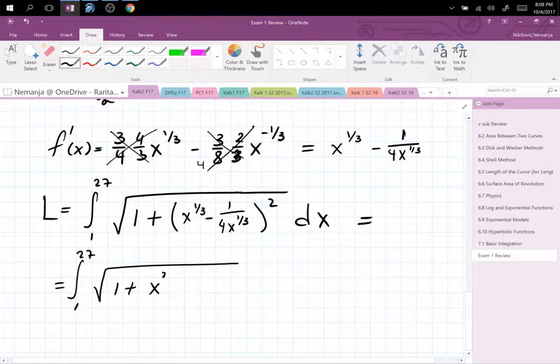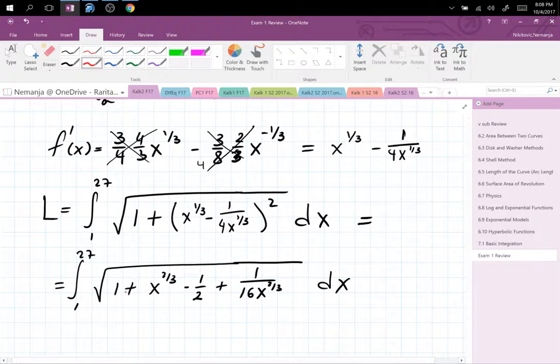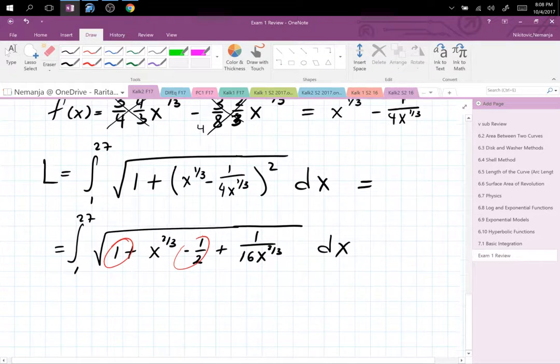So x to the 2/3, when you multiply these two cancel, 2 times, yeah, there it is. Worked out nice. Plus 1 over 16 x to the 2/3, everything dx. I don't need this parenthesis. So now these two create a positive 1/2.